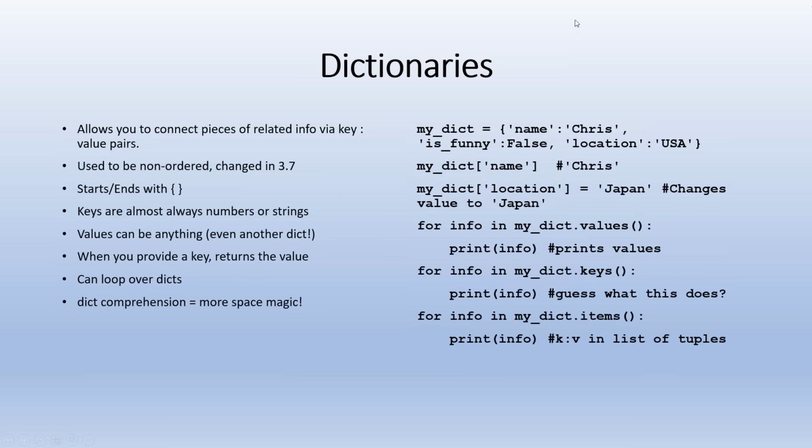For your key, you can't have a list or something that you could modify or change, which if you think about it makes sense. You don't want your key to be changing because that's literally the only way that you can access your value. So I think that might answer a question we got, which was asking, when you're adding a key value pair, can you specify both by using variables?